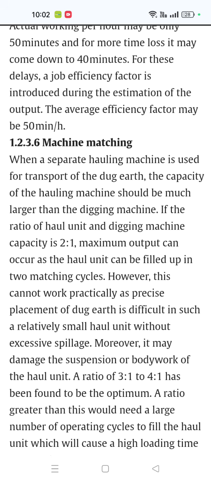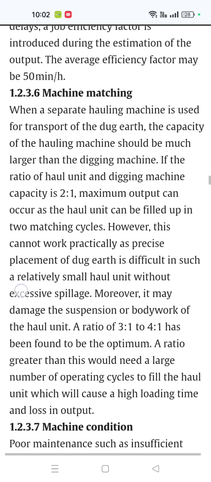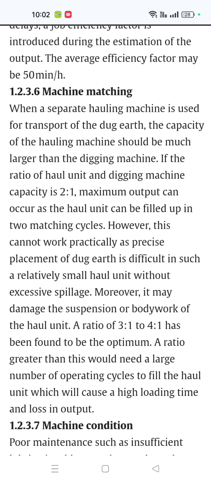1.2.3.6 Machine matching. When a separate hauling machine is used for transport of the dug earth, the capacity of the hauling machine should be much larger than the digging machine.